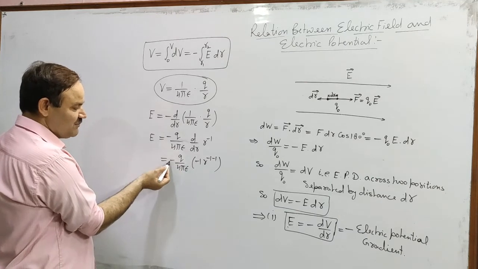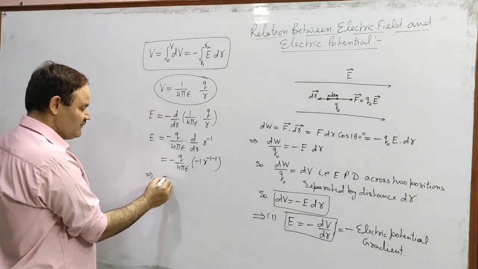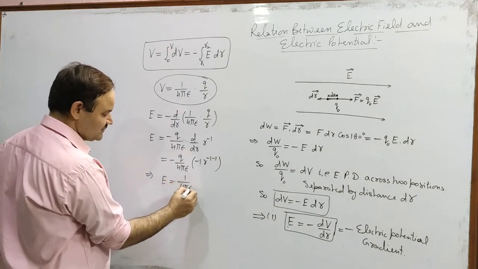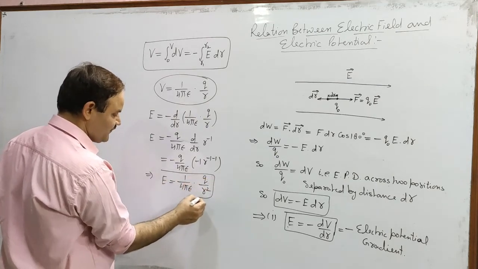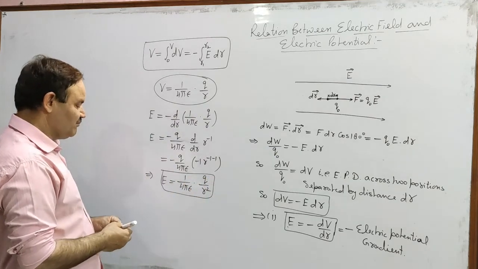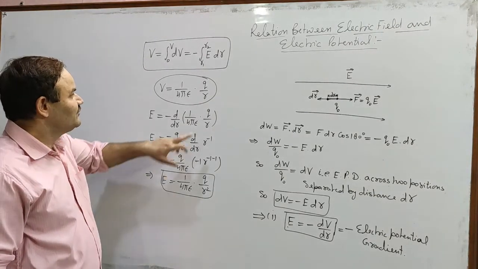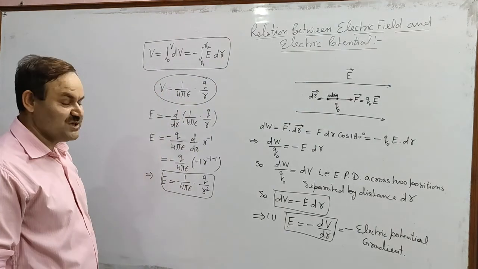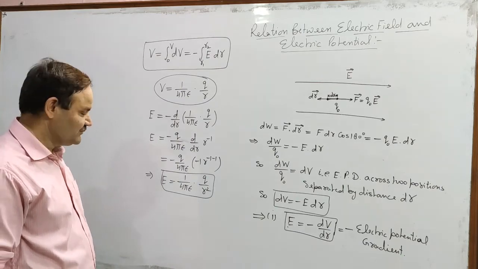This minus multiplied by minus will become positive, so E will be 1 over 4 pi epsilon Q upon r square. Similarly, by integrating this expression with distance r, we can find out electric potential using the expression of electric field.